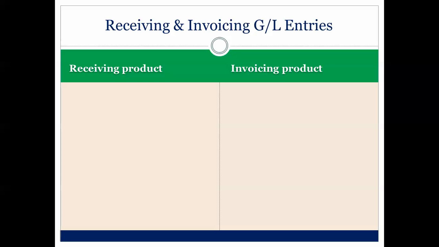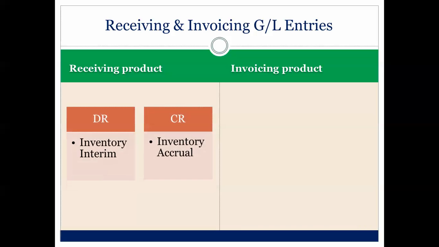So now I'm going to step in quickly just to see what the GL entries are when you receive an invoice. This may be of interest to you, just in case you're curious. When I receive product, what hits the GL, and when I'm invoicing the product from the PO, what is hitting there. When you're receiving, you're debiting your inventory interim and you're crediting your inventory accrual.